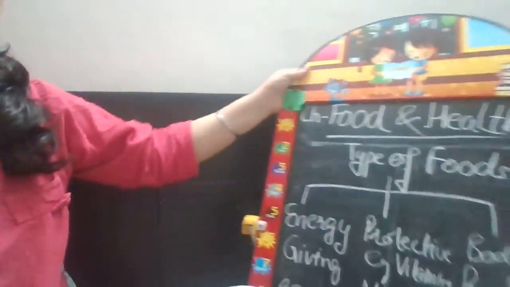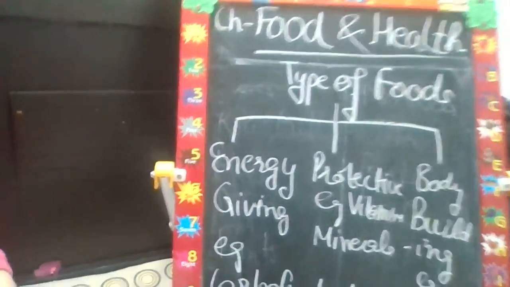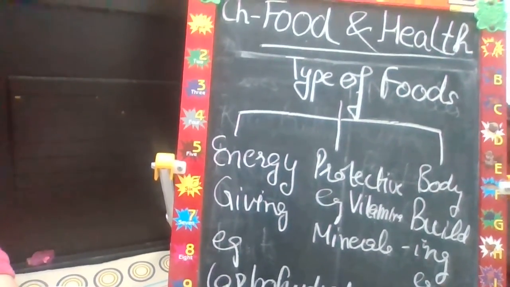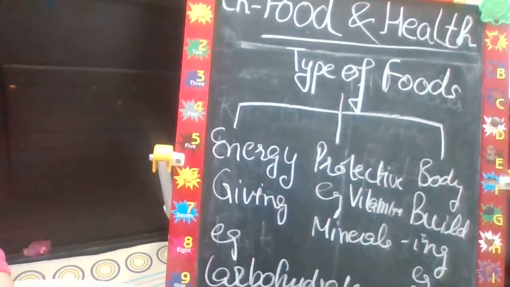Now, on the basis of their function, we can divide all the food items into three categories. How? Let's see. I'm sure it's visible now. You can see that there are three types of foods mainly.